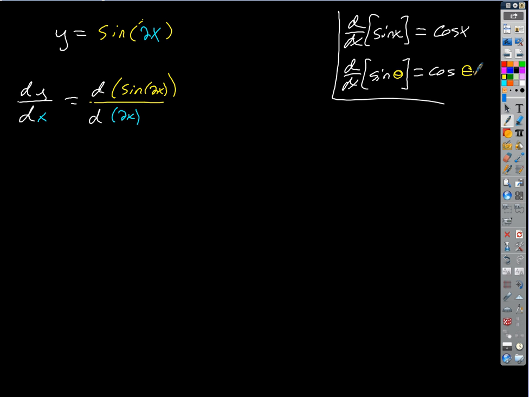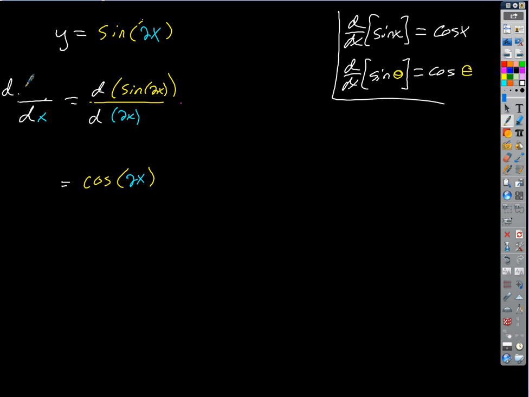So the first part of this is going to give us back cosine of 2x, but we're not done. We need to multiply that. If I want to get dy/dx, I'm taking the derivative of sine 2x with respect to x, aren't I? I first differentiated with respect to 2x. Now what do I need to end up with? Let me rewrite this real quick so we're consistent.